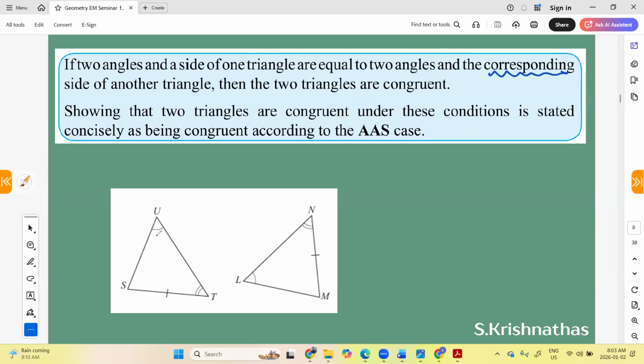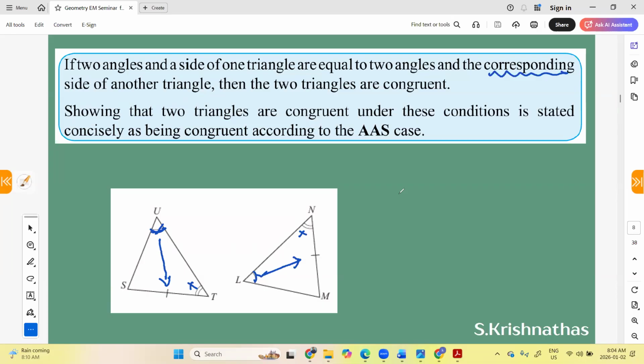Two angles equal: this one equal to this one, and this one equal to this one. But here, what do you mean by the corresponding side? Here, this one is opposite of this single angle. This one is also opposite of this single marked angle. Now these two triangles are congruent.